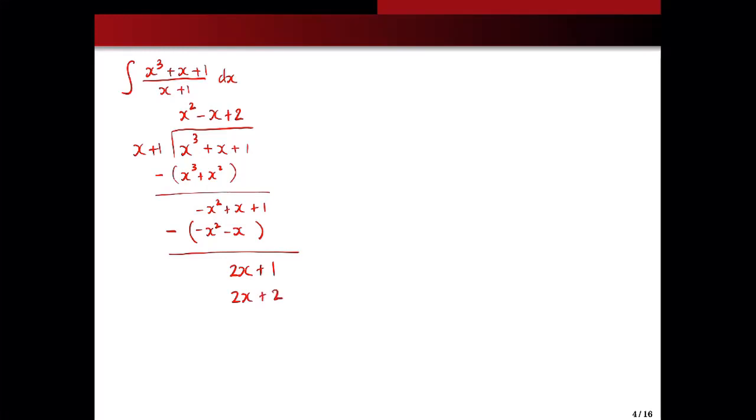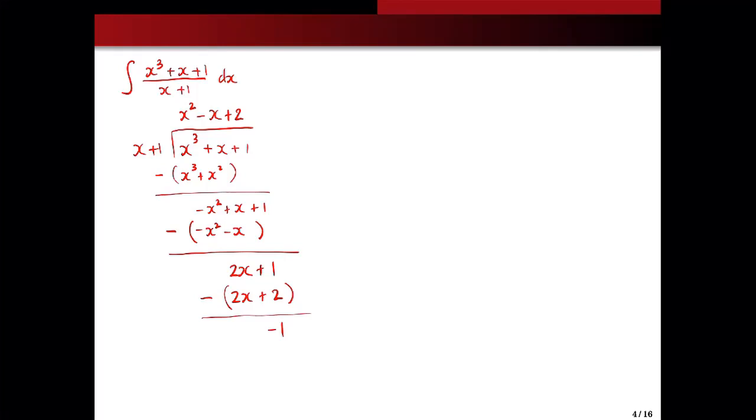And then you do the subtraction again. 2x minus 2x is just 0, and 1 minus 2 is negative 1. You check the degree again here. The degree now is 0, and the degree of the divisor is 1. So the degree is now less than the degree of the divisor. Therefore, you stop the division.